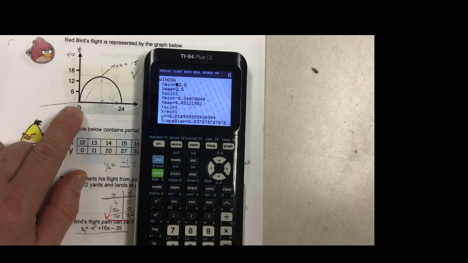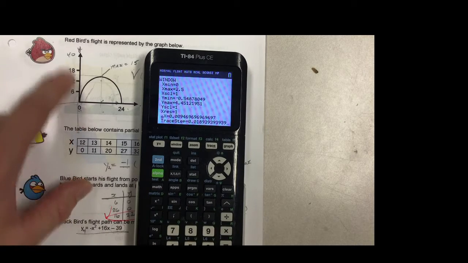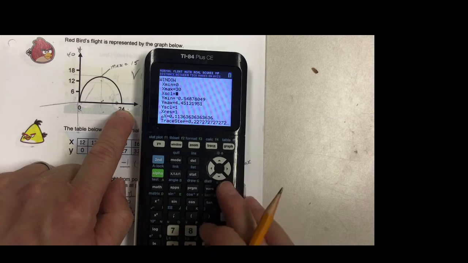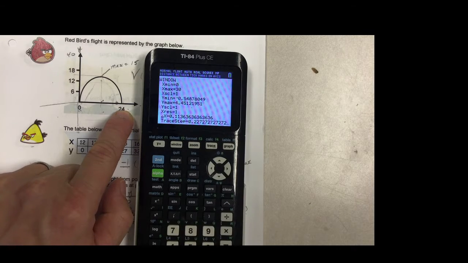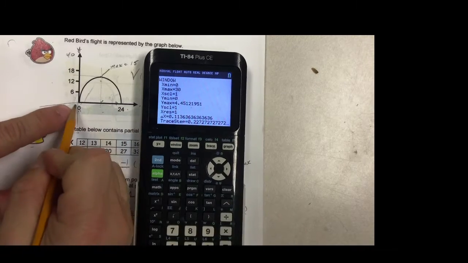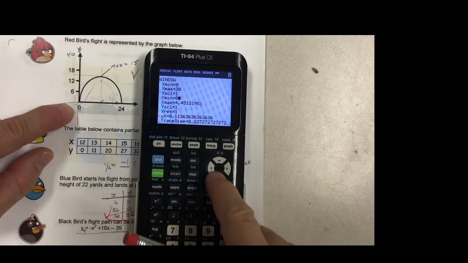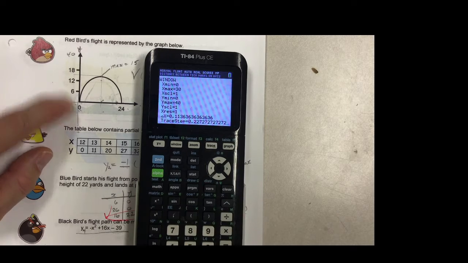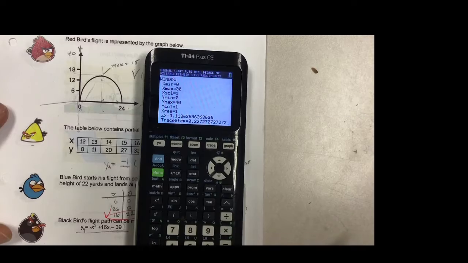The x minimum is going to be 0, and the x maximum, I'm going to make mine 30. And we'll see. If it's not the right one, then that's fine. The scale should be 1, that's fine. The y minimum is 0 again, because I'm going to start at 0 and go all the way up to 40. The maximum is 40. And the scale, we'll leave it as 1. We can change it afterwards.